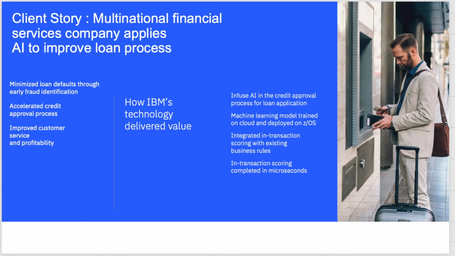Whenever a statistician builds a model, they can infuse AI in the credit approval process for loan applications in the banking department. Any machine learning model that you train on cloud can be deployed on z/OS. A unique integrated in-transaction scoring with existing business rules has been really helpful. The time to value in transaction scoring is completed in microseconds.